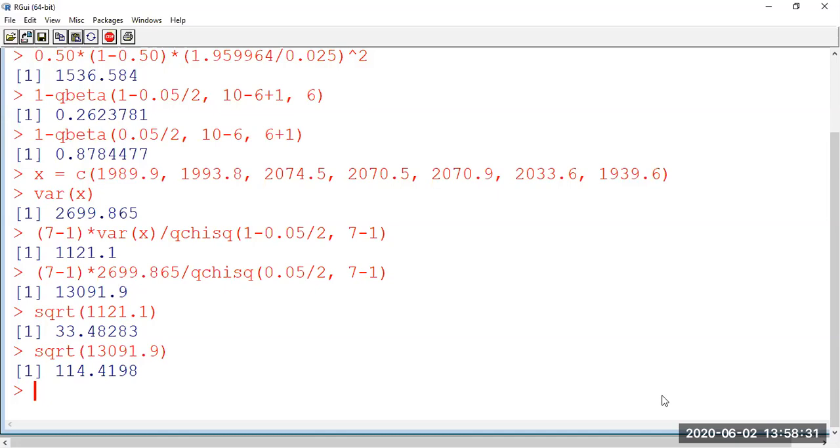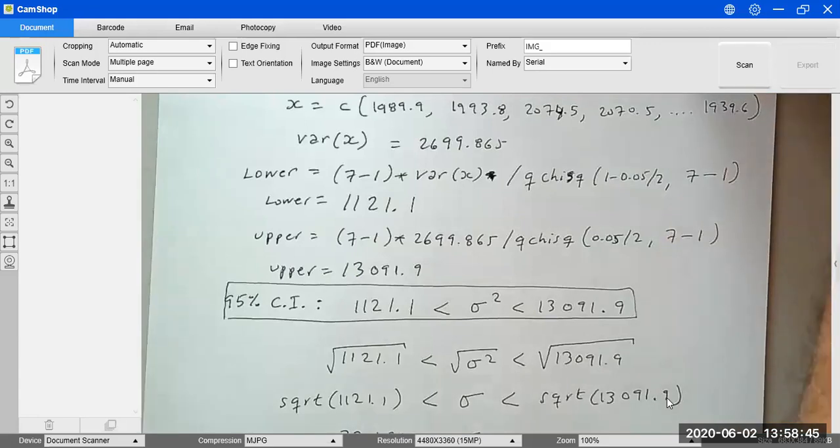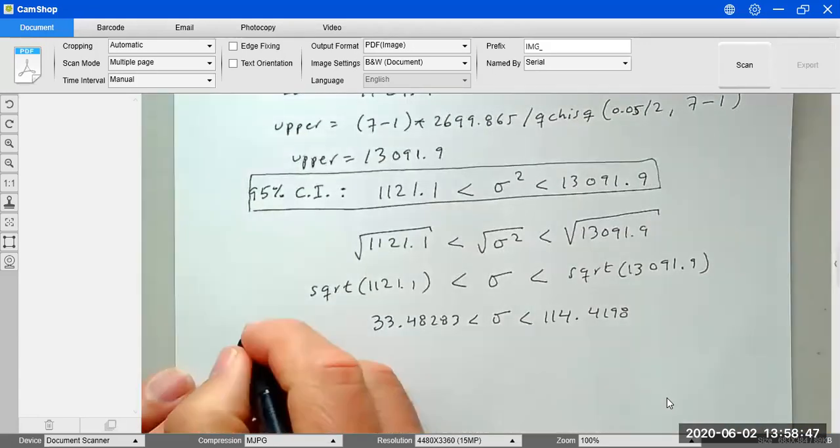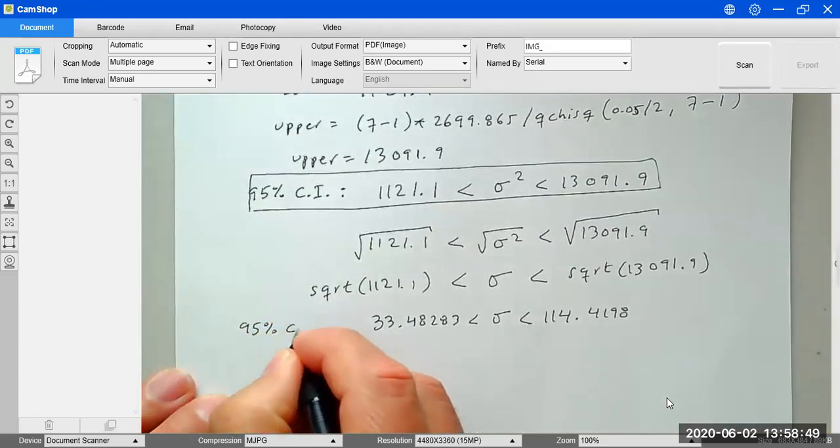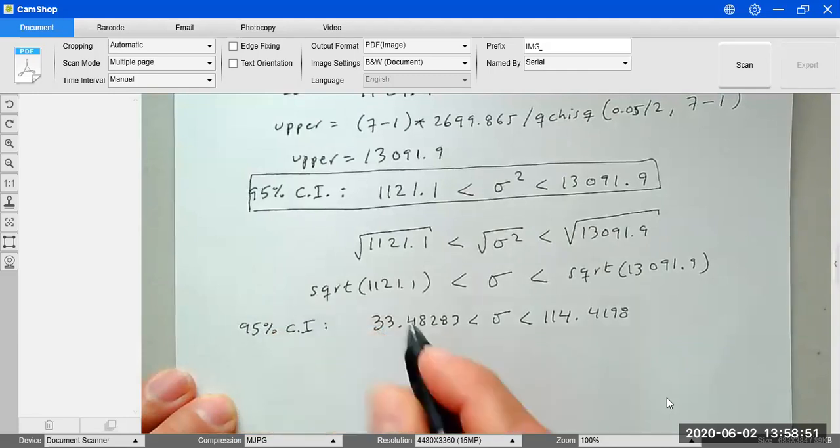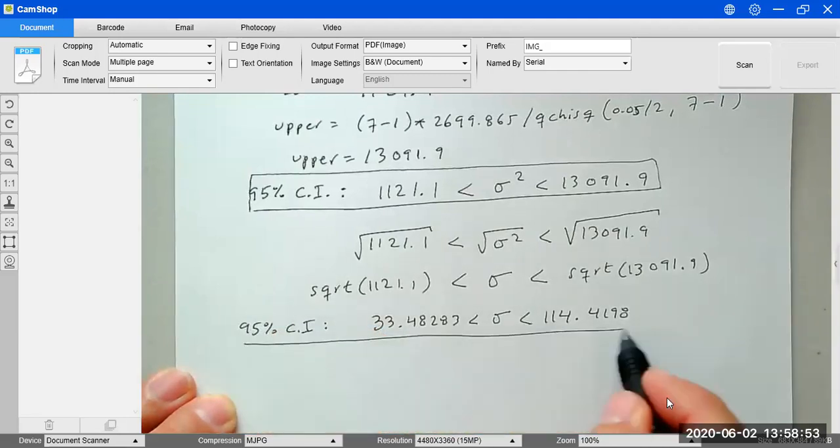And with that, we're going to finish this chapter. I'm just going to give you the assignment to complete your classwork. So I have here now the 95% confidence interval for the standard deviation.